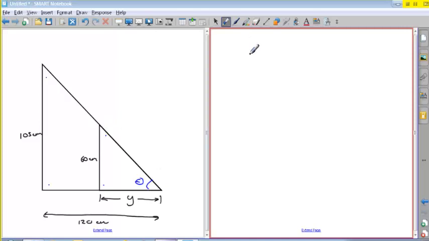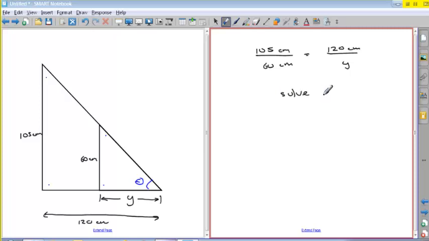So what we have is the distance 105 centimeters, this side length over that side length, is equal to, from the big triangle, 120 here, and y is the smaller side. And so you can cross multiply and solve for y.